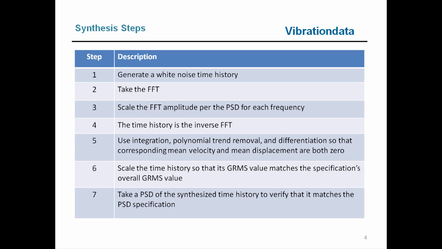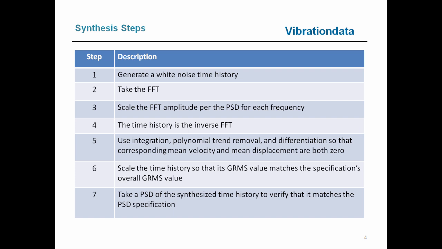So in step 5, we're going to use a series of integration steps and various polynomial trend removals and differentiation so that we can come up with a set of 3 signals, the 3 being acceleration, velocity, and displacement, so that for each of the signals in this set, the mean value will be 0.